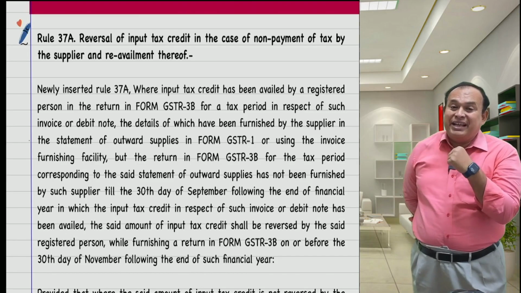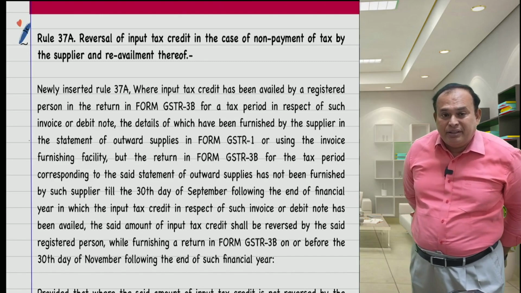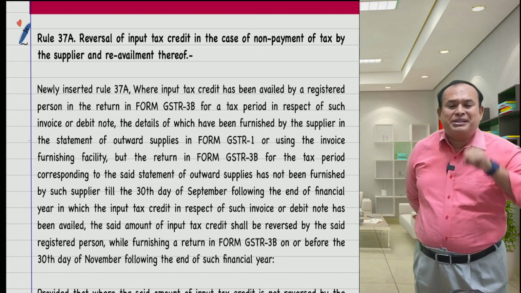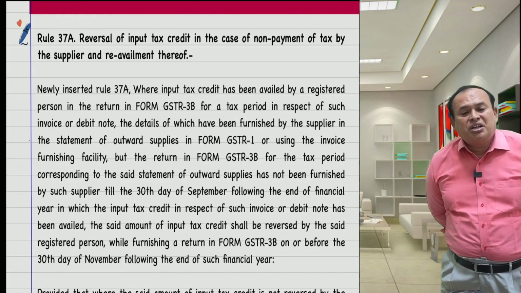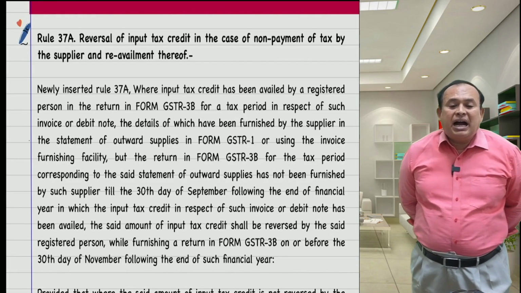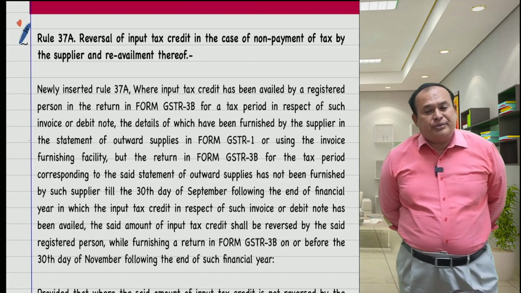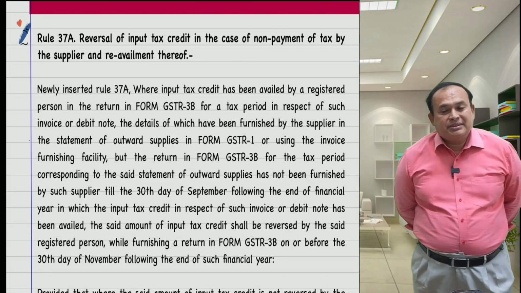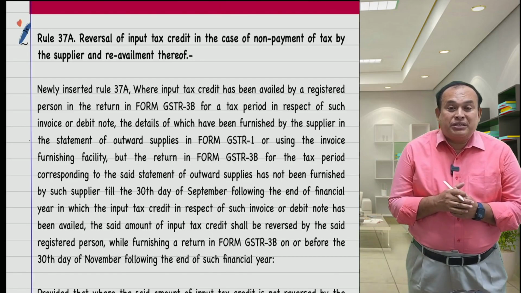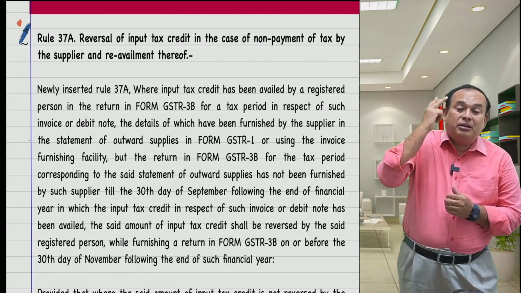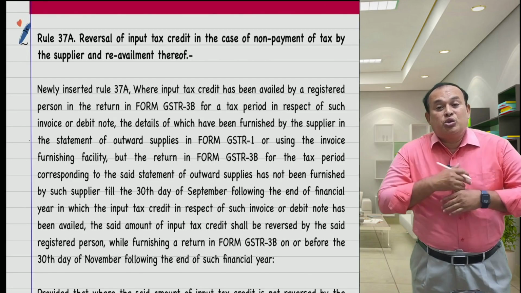Rule 37A says that if not paid, there is reversal of input tax credit in case of non-payment of tax by the supplier and re-availment thereof. But you cannot put a gun to the head to reverse the credit immediately.